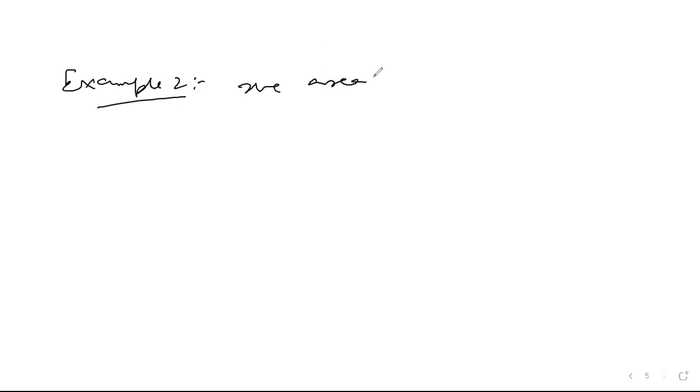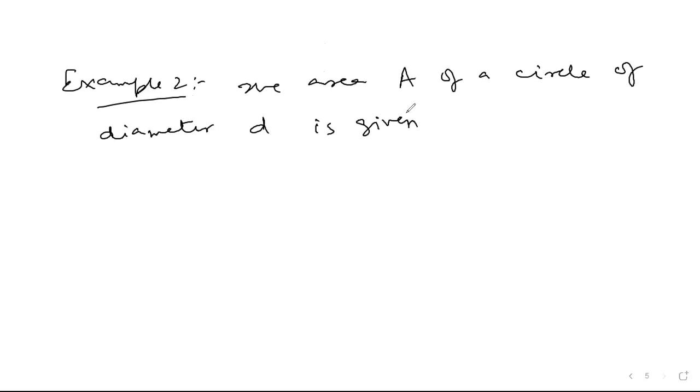The area A of a circle of diameter D is given by the formula A equals pi D square by 4.